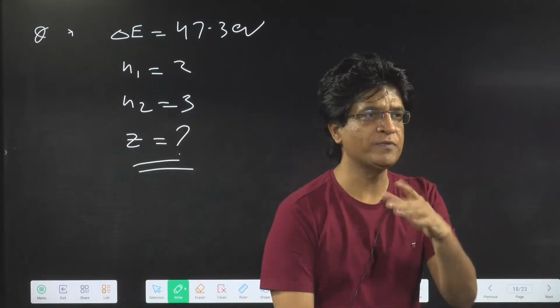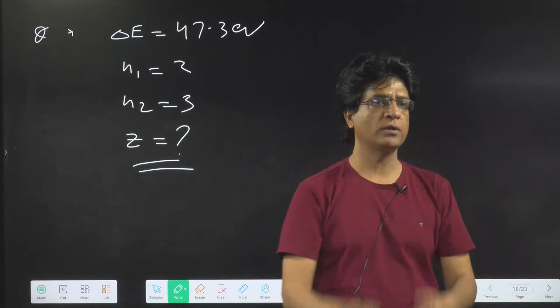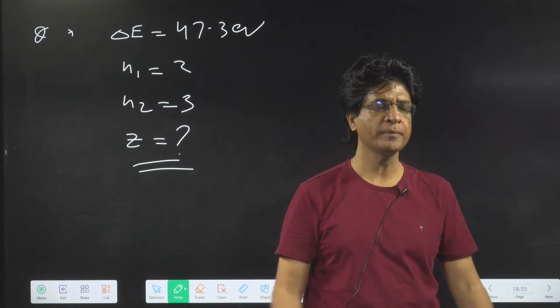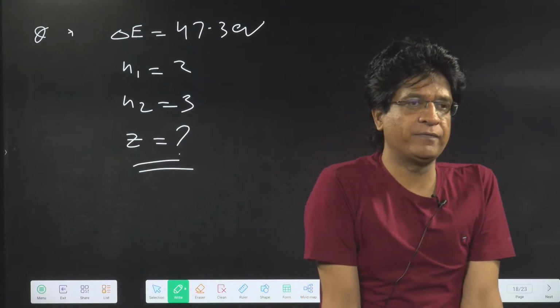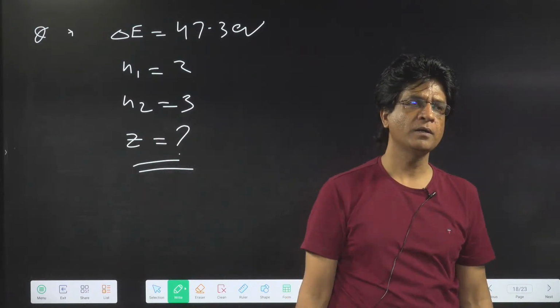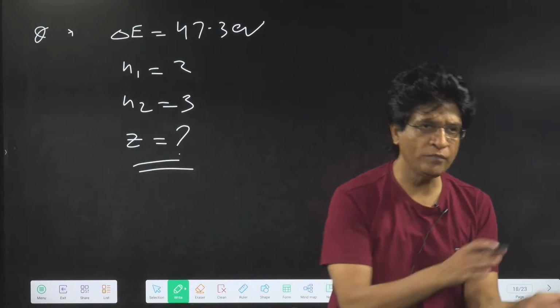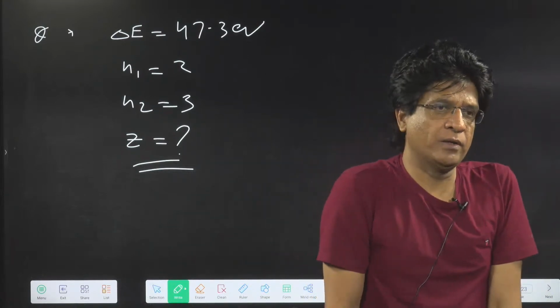If you get the value of Z as 4.8, what value will you put? The nearest possible integer is 5. If you get 4.1, you will put 4. Go for the nearest value because the Z value cannot be fractional.